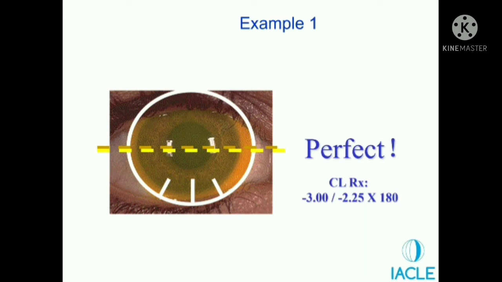And this is your final prescription. The patient will be happy. This is your final prescription of the toric lens. We are done, as simple as that. So just order the same power and the patient will be happy. Now, as I mentioned earlier, over 90% of the time, this is what is going to happen. You don't have to worry about anything else.